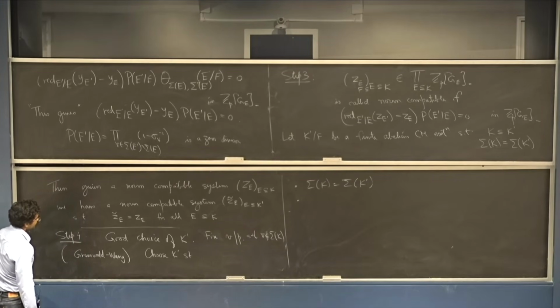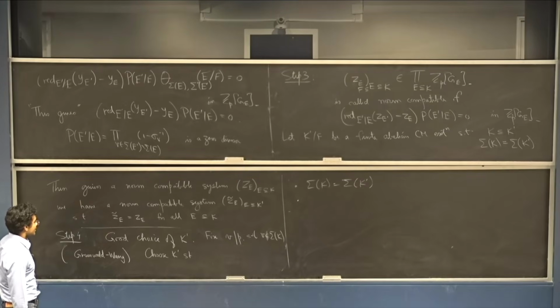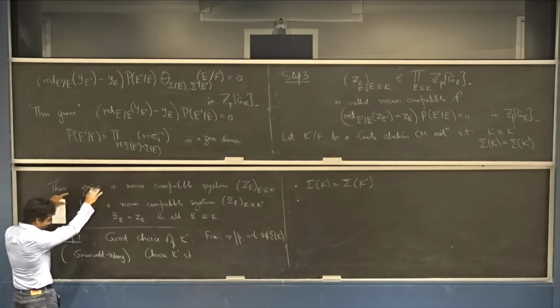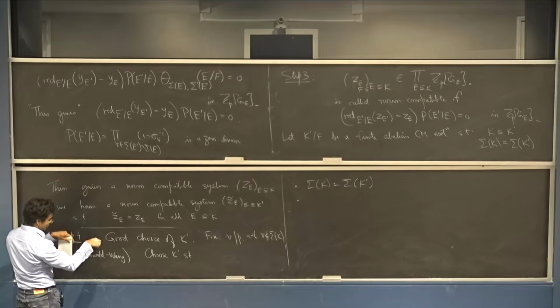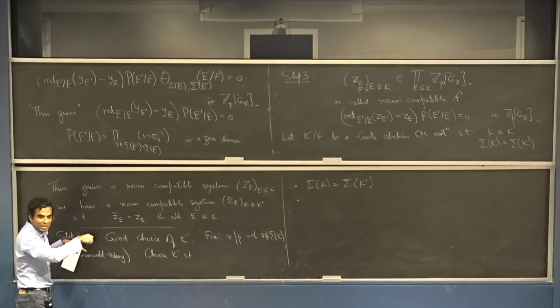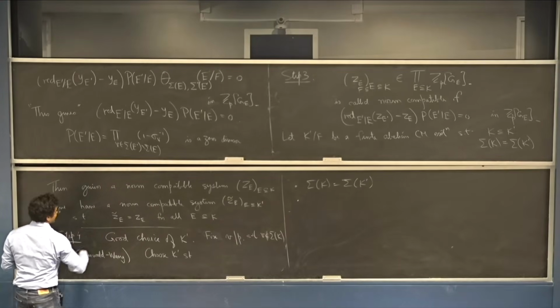Sorry? I couldn't hear. You do the whole story again with K. Yeah, you get back what you had for K. Right, but basically you go back to K, and then you see that things differ by a unit over K, and then you can lift this to a unit in K prime, and then change everything by that arbitrary lift of that unit, and you get this.